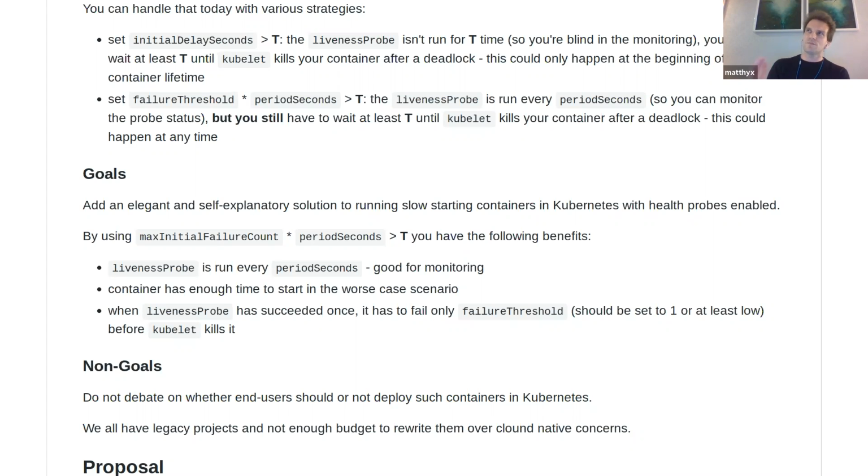So there is a very small chance that if you are really unlucky, if the kubelet restarts just before or after your container has deadlocked, then you will have to wait this T time before it is killed. But otherwise, for most people, if you don't use this setting, it will not change your life. And if you use it wisely, it's an improvement rather than a setback.